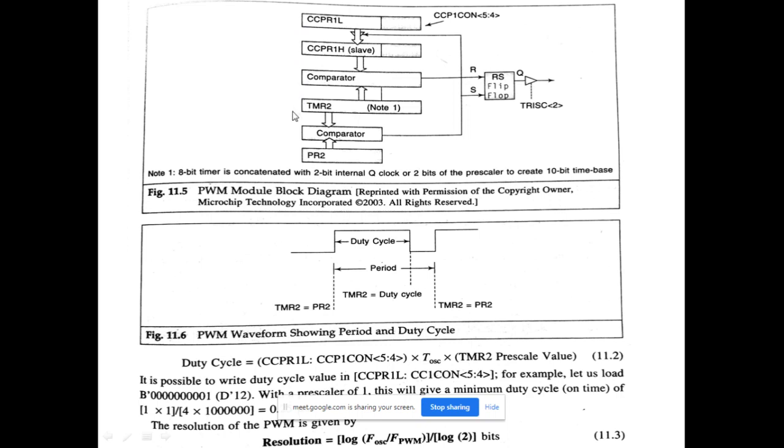In this mode, the CCP module uses timer 2 for its operation. We have seen that in capture and compare mode, timer 1 was used. It was 16-bit timer. But in PWM mode, timer 2 is used.